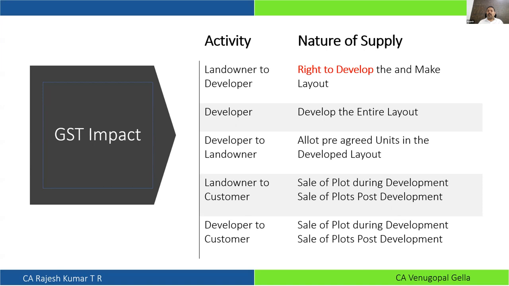In fact, the basis for this goes back to the VAT regime, where in the context of apartment construction, they used to always take an argument: there is no works contract in case of the agreement to sell entered by the developer to the buyers.